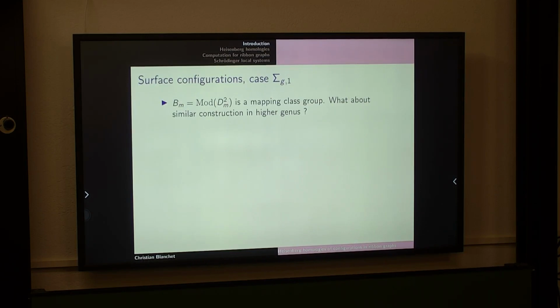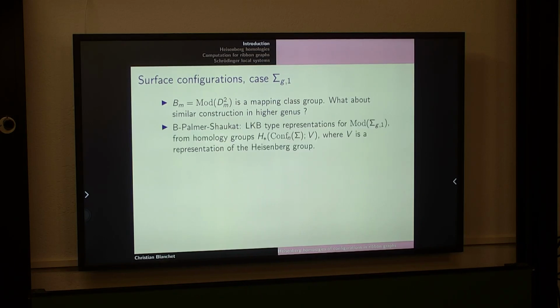And now we are working with several people on the higher genus case. So first we considered the case of genus g surface with one boundary component. And because the braid group is a mapping class group, we expect similar construction in higher genus.